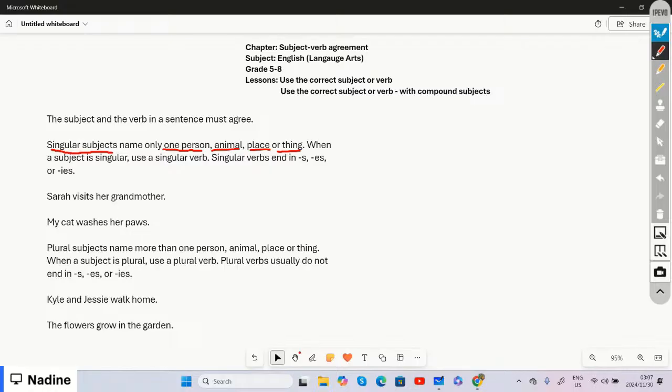Our singular subject needs to agree with our singular verb. When the subject is singular, when we are talking about one person or thing only, then we need to use a singular verb.